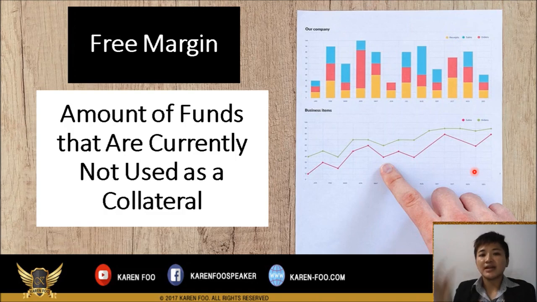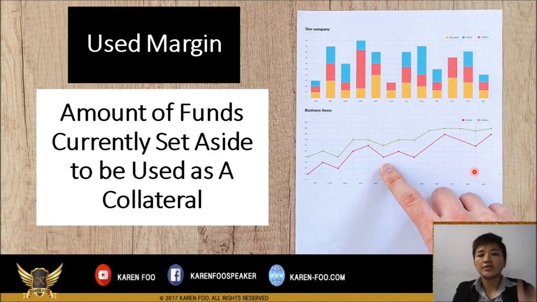The part that's unused is called the free margin. The part that's currently being used is called the used margin, which is the amount of funds currently set aside to be used as collateral. Basically, there are two types of margins when you have an open trade. Used margin, some people also call it the required margin or the maintenance margin.